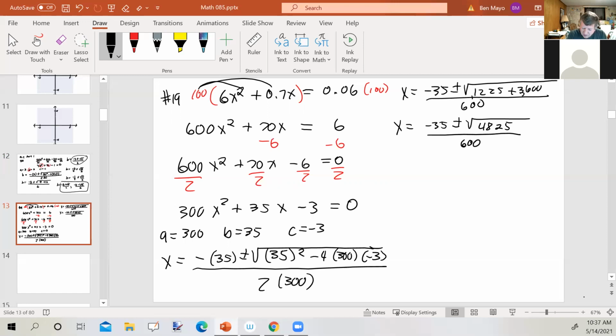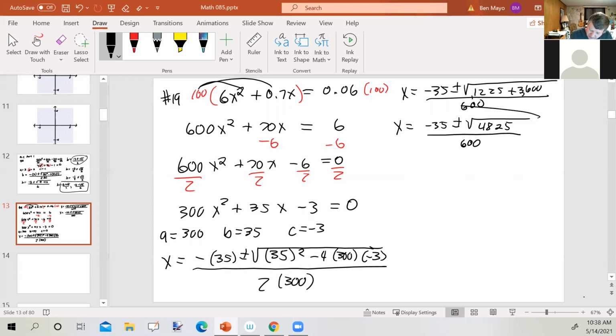Okay, so now we've got this awful thing going on there with this 4825. First thing I'm going to do is see if that's a perfect square. So I'm going to take the square root of 4825. It doesn't come out nicely, doggone it all. Oh well. So now we're going to have to simplify that down.